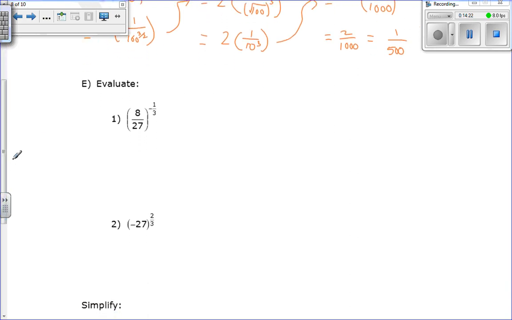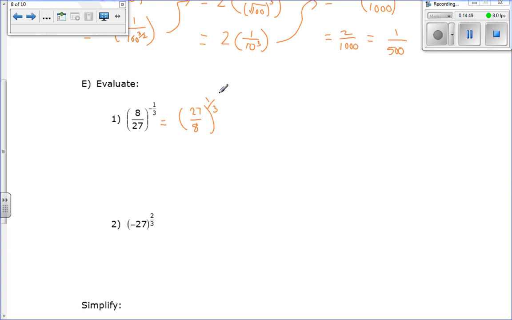So let's try some more. Yesterday we talked about having a fraction raised to a negative power. It doesn't matter if our negative power is a fraction as well. The rule still follows that we just flip our fraction inside, sorry, and then make our exponent positive.